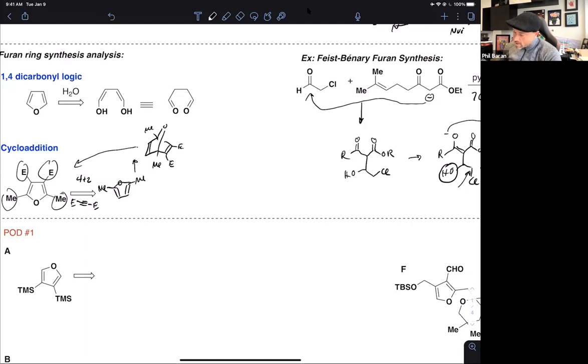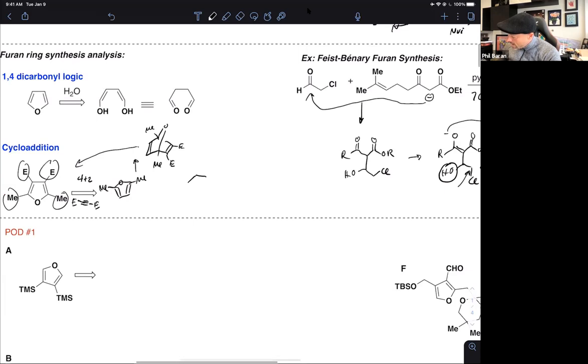There's another way of doing this. This strategy doesn't always work. There's another way of doing this that uses oxazoles. So for example, this oxazole shown here contains the top half of the furan that we need to access in the cycloaddition.